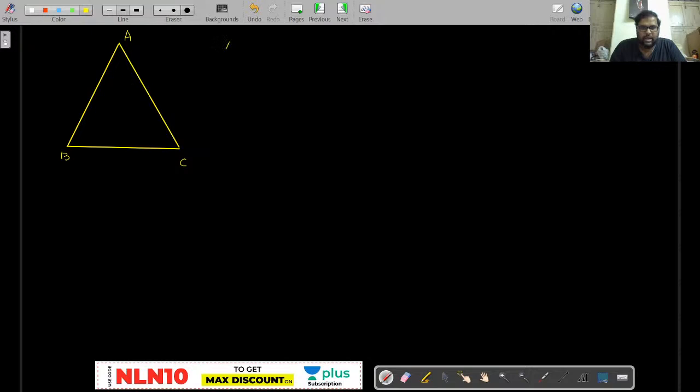Now everybody knows the basic formula for the area of a triangle. Area of the triangle will be half into base into height.